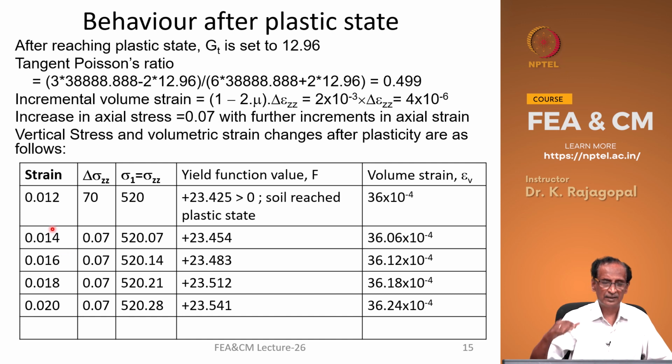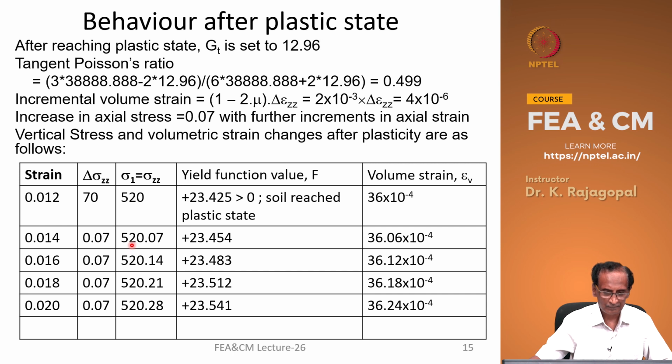Now let us increase the strain to 0.014, that is, we applied a further strain increment of 0.002, and now our delta sigma z increases by only 0.07, because our shear modulus is reduced to a small value. Previously it was 12,960, now it is 12.96. So, our delta sigma z is only 0.07.